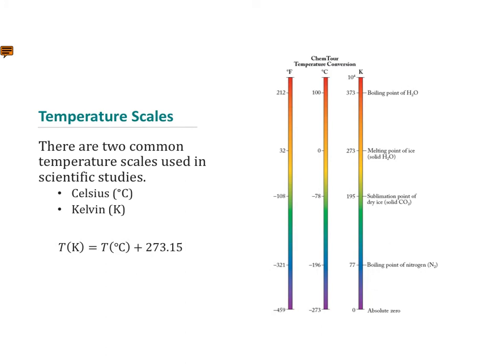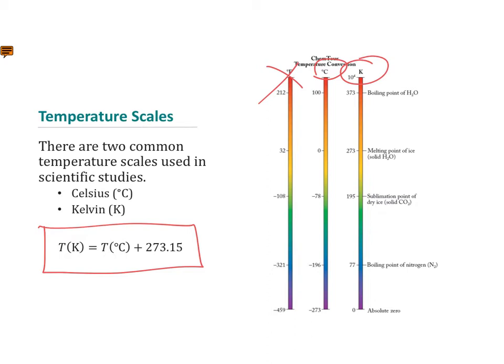The two temperature scales that we'll be using in chemistry are degrees Celsius and Kelvin. Fahrenheit is what we're all most familiar with, but that's not a temperature scale that chemists use. So you are going to need this conversion between Kelvin and Celsius temperatures.